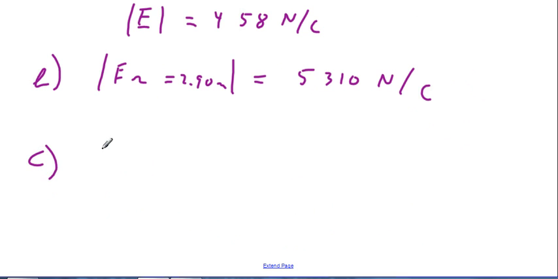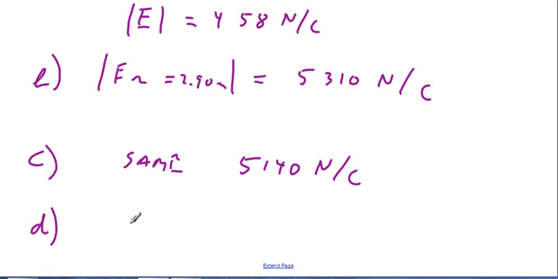Redoing the C part, I have the same answer as before, 5,140 newtons per coulomb, and redoing the D part, I end up with the same answer as I had before, 772 newtons per coulomb.